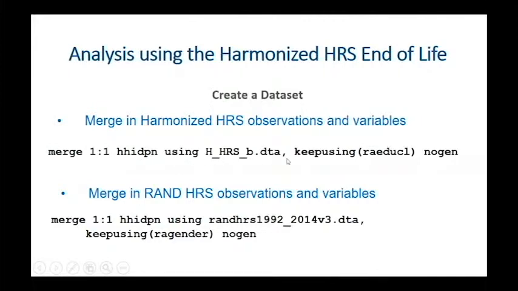So this is the name of the Harmonized HRS data set, HHRS_B, and the RAND HRS, which is RAND HRS 1992 to 2014 version 3. Then we're going to specify that we want to keep using our variables of interest from that particular data set. In this case, RAEDUCL from the Harmonized HRS and RAGender from the RAND HRS. And we're going to tell Stata that we do not want to generate a variable for the merge.